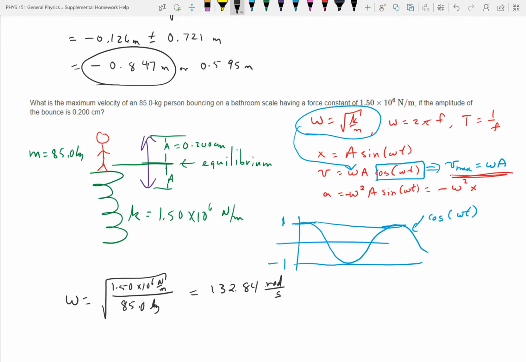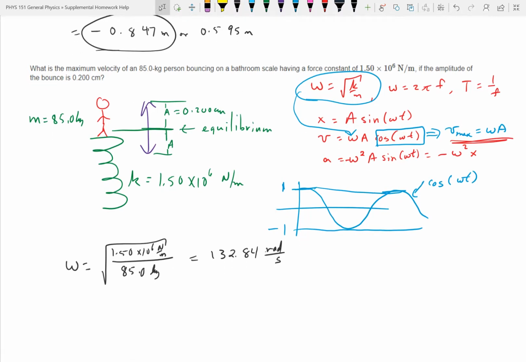Radians, not meters. So that's our omega. And then how do we find the maximum speed? Second equation: omega times 0.02. Usually we want it in meters per second, so I'm going to multiply it by the amplitude in meters.